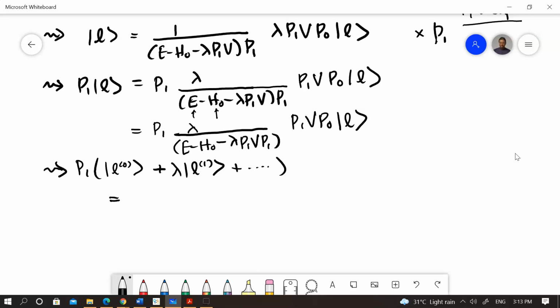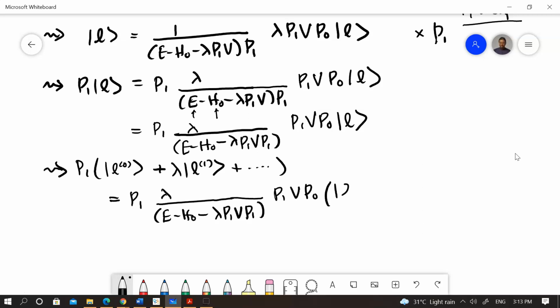And the same thing for the other side: P1 lambda, E minus H naught minus lambda P1 V P1, P1 V P naught, and then the same expansion here.